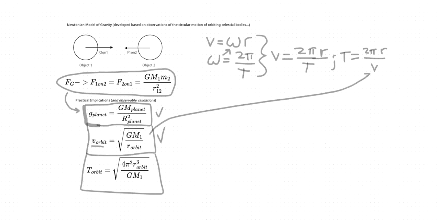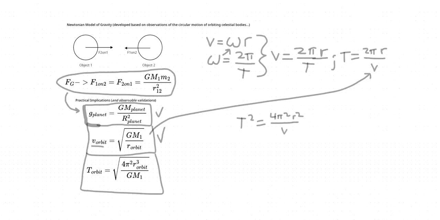We notice that v orbit is equal to the square root of that business, so what we could say is square both sides, and I can get rid of that square root if that makes things easier to work with. And I would get 4 is 2 squared, pi squared is pi squared, r squared is r squared over v orbit squared.